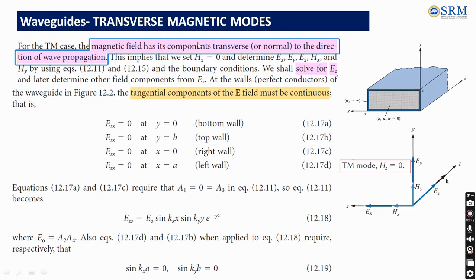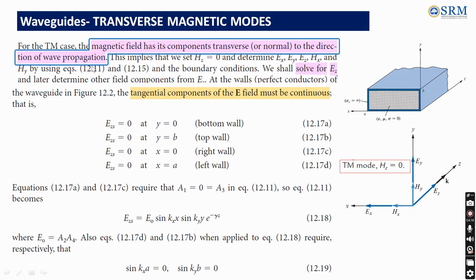As we know, in transverse magnetic mode, the magnetic field along the wave direction is zero, but the electric field component will be present. If we set Hz equal to zero, out of the six wave equations we can find the rest of the five: Ex, Ey, Ez, which we have already found in the previous session, and Hx, Hy also we can find.